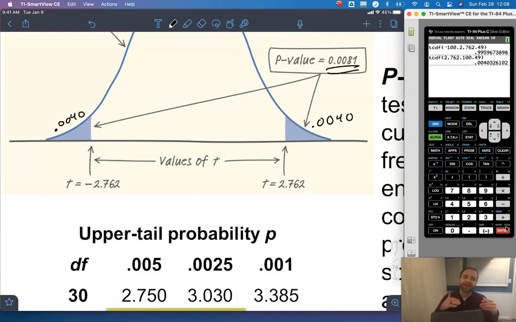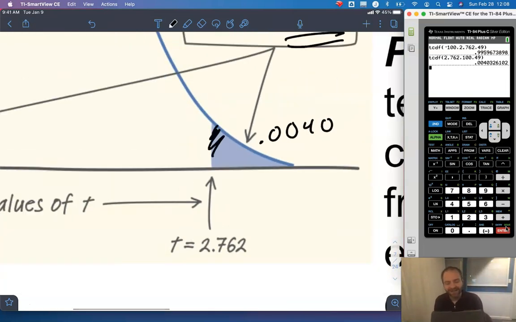So even though my calculator's sweet, it gave me, well, I only typed in one section. I better double that p-value because it's a two-sided test, and we always have to double the p-value when it's a two-sided test if we're using our table A. And in this case, if we're using TCDF and we're trying to figure it out, then yes, we're going to have to do the same thing here.